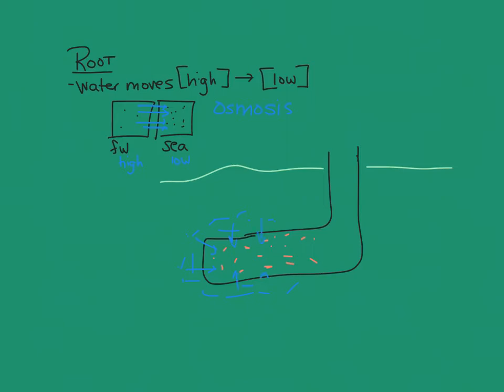As the water floods into these cells, they start to fill up, and they transfer and move the water on to other cells. Ultimately, that water ends up getting pushed into the xylem, and then it will slowly work its way up, and that's what's called root pressure.